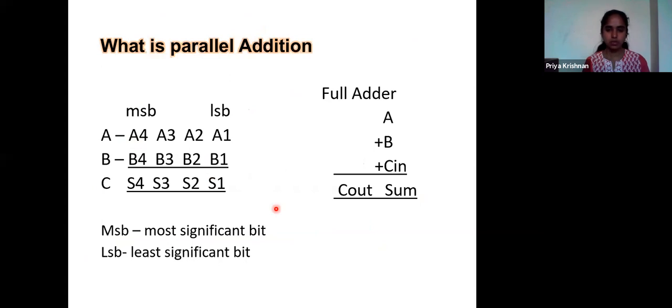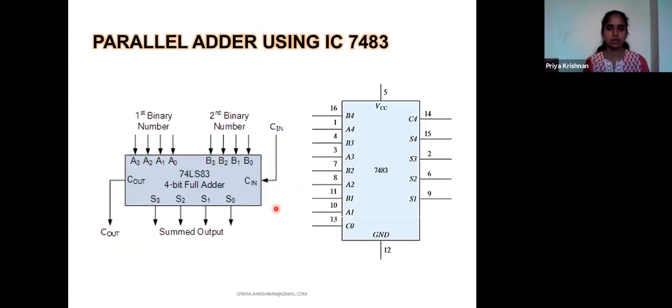So yes, I'll move to the next slide. Parallel adder using IC 7483. As I discussed, everything here in digital is available in the form of ICs. For example, in the first combinational circuit class, I discussed that you can construct a full adder using basic gates.